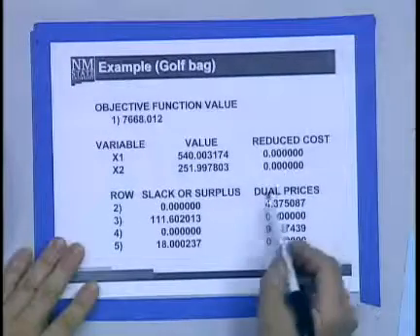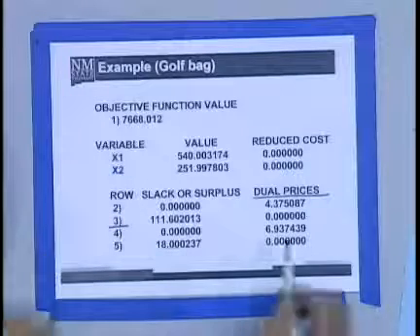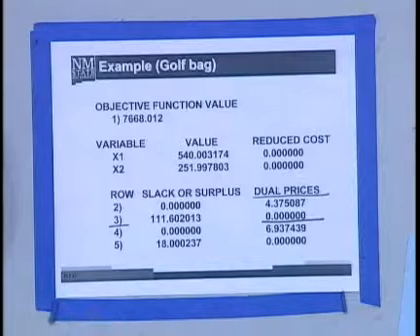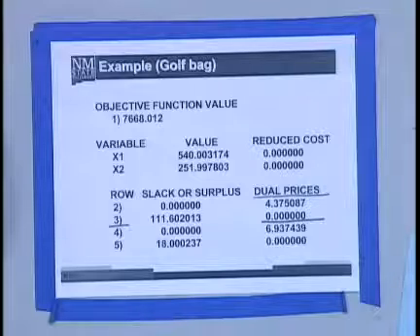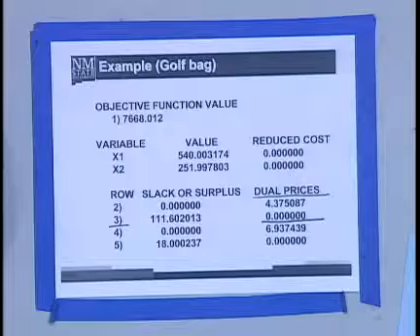Next, we need to look at the dual price for row number 3, right? Which is 0. So the profit would remain the same, right?